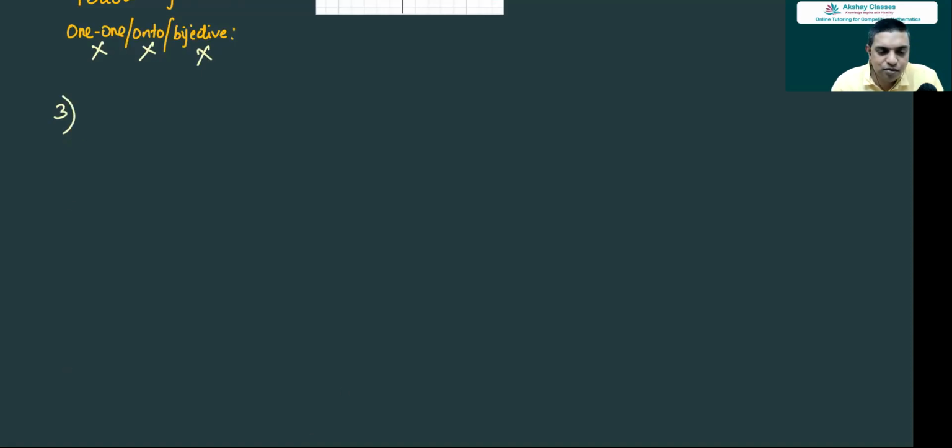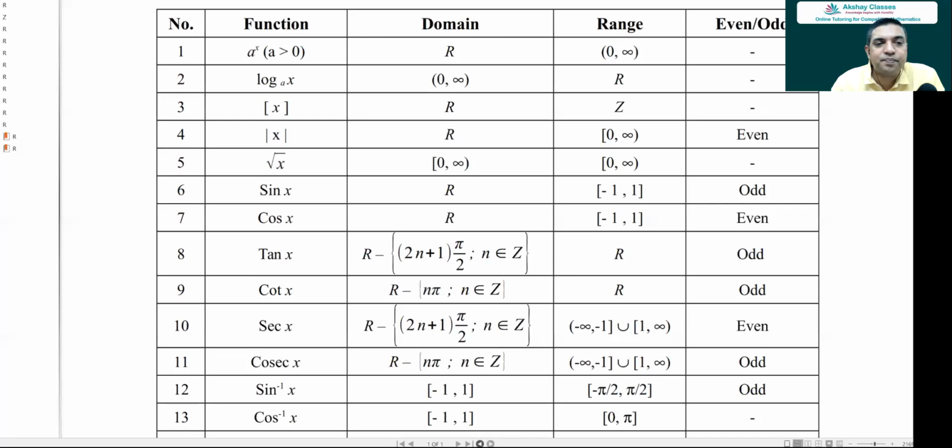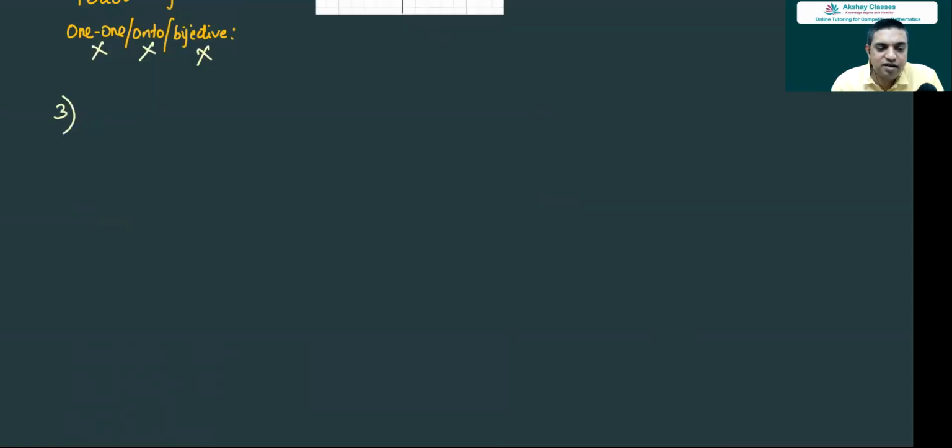Now let us go to the important function. Let us go along with the exponential, and then we'll go to logarithm. So first we will take y equal to a power x. Now a should not be equal to 0 and a not equal to 1.